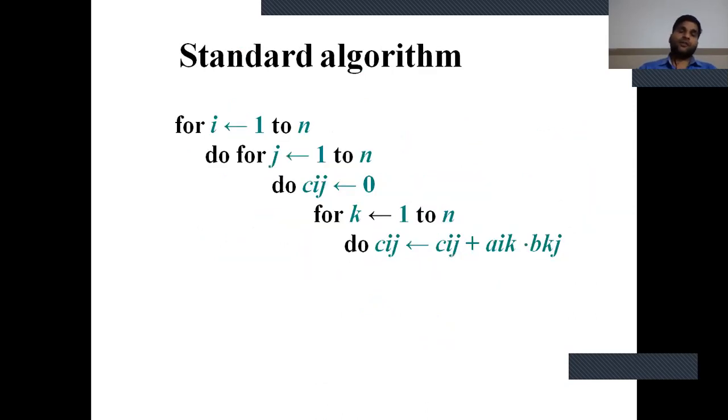The standard algorithm pseudocode is like that: for i equal to 1 to n, for j equal to 1 to n, initialize the value of Cij equal to 0, and k starts from 1 to n.